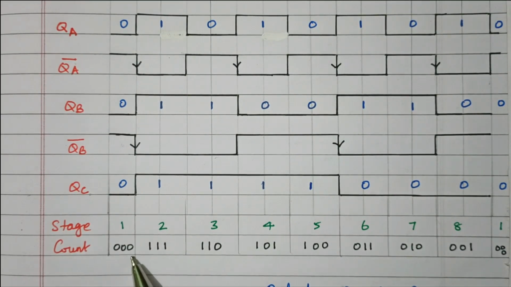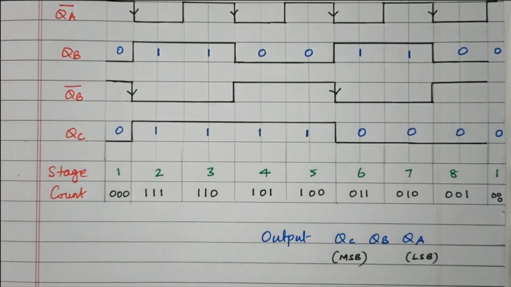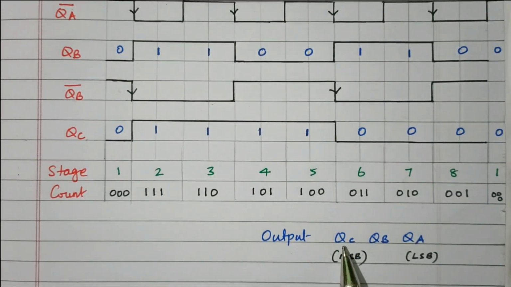So we are getting the 8 different outputs in the down operation, that is from 1 1 1 to 0 0 0, right? So this output is QC, QB, QA. QA is the LSB, QC is the MSB.